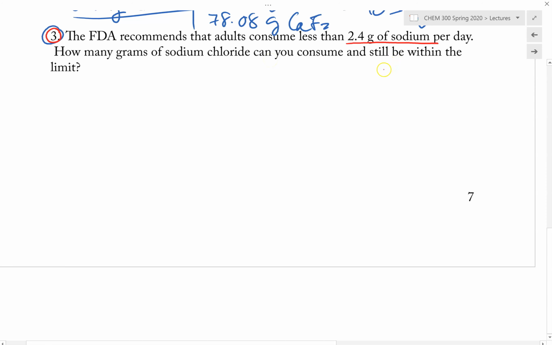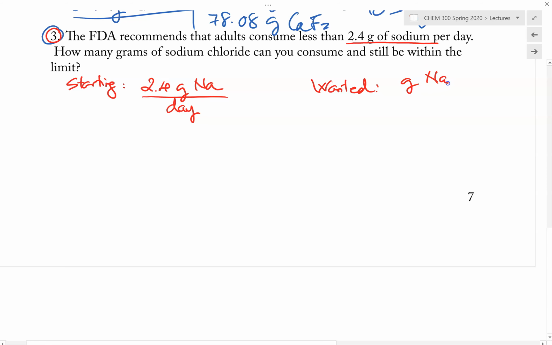So now let's solve this by using dimensional analysis. In this example, the starting unit would be 2.4 grams of sodium per day. And the wanted unit would be gram of sodium chloride per day.